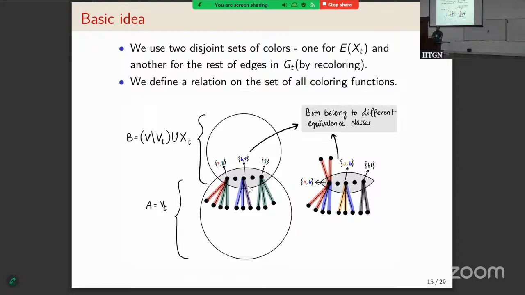So I can simply use two disjoint sets of colors, at least by recoloring them. So we can define a relation on the set of all coloring functions. We consider coloring functions, left side as f and right side as some g.